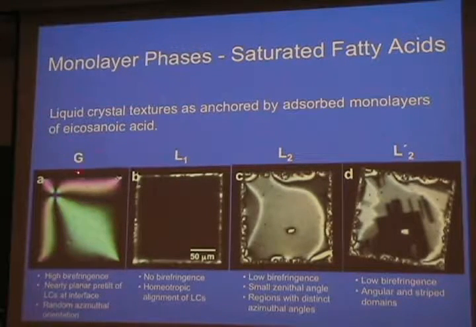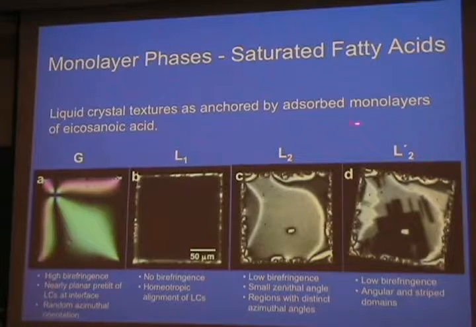In what we call the 2-dimensional gas phase, when the monolayer is very dilute, we see these types of birefringence colors, which correspond to planar anchoring of the nematic liquid crystal. And here is a 2-dimensional liquid phase of the surfactant, which leads to homeotropic anchoring.